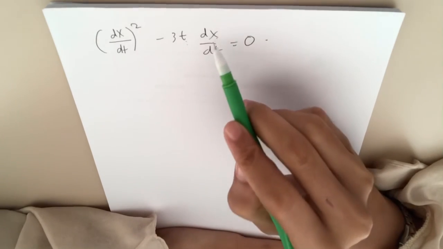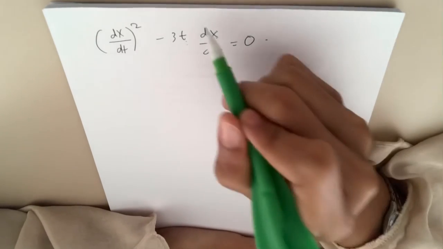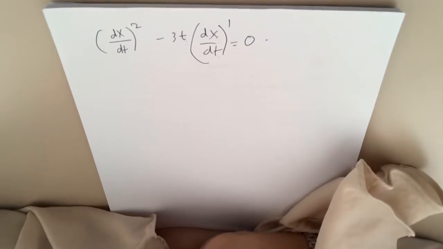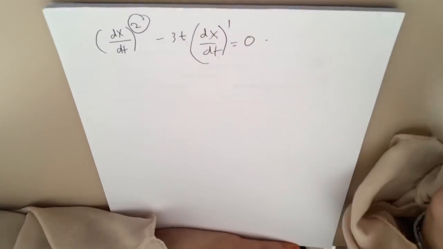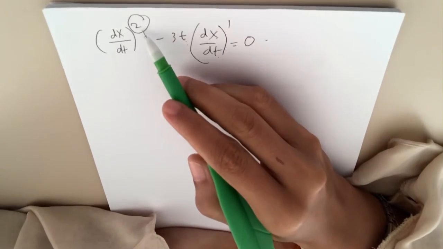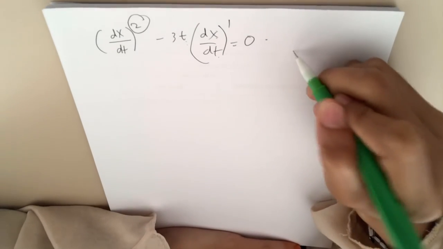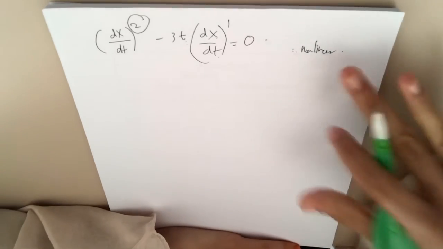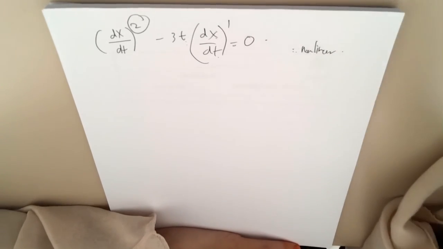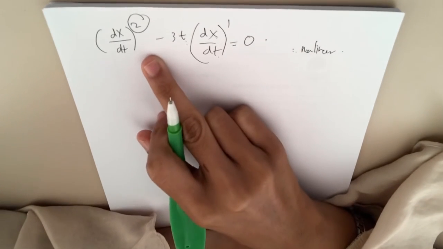You can see for this term the power is 1 lah, kat sini power dia 1. How about this one? This one the power is 2, right? Kat sini power dia 2. So automatically this is a non-linear, because of the power is more than 1.